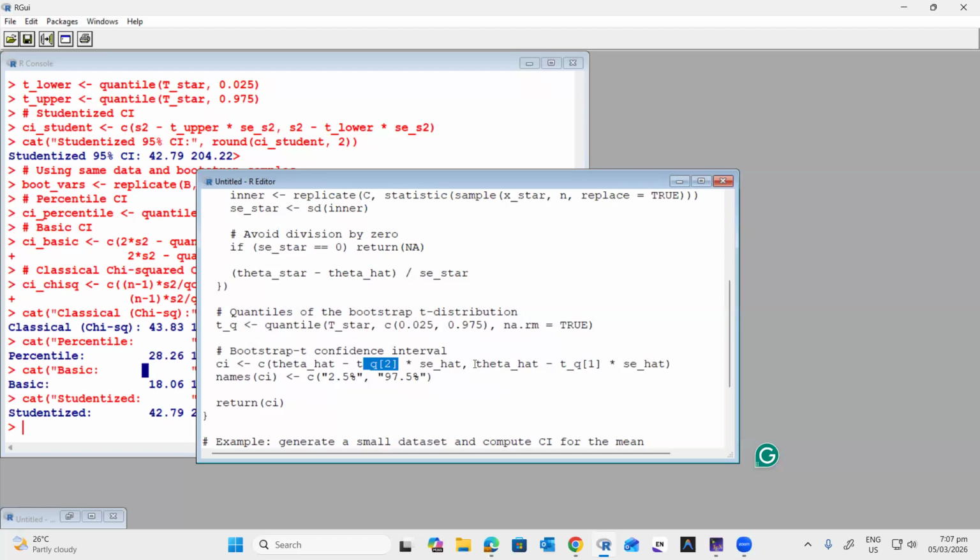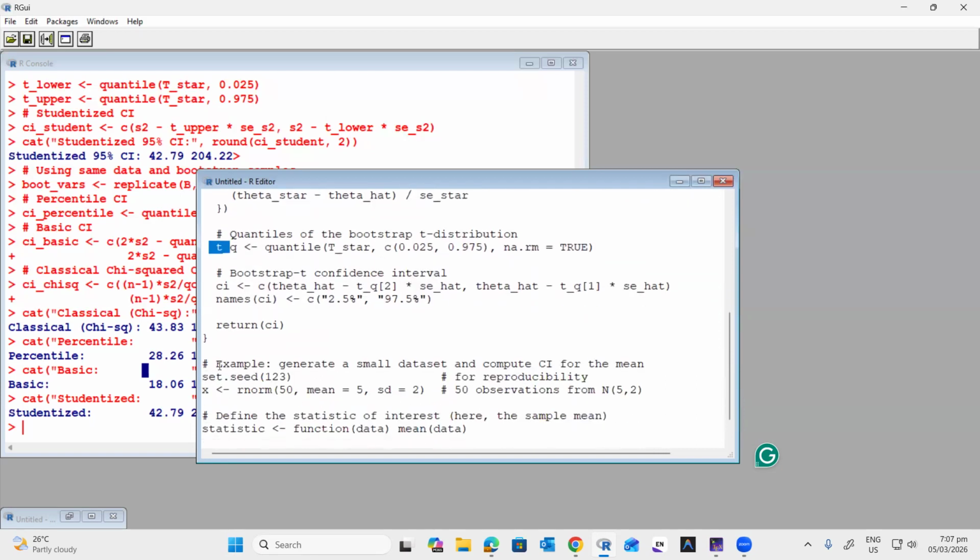And the upper limit of the confidence interval will be theta underscore hat minus t underscore q of the first value into the estimated standard error. Okay, and we are giving the names to the confidence interval, that is 2.5% and 97.5%, and we are going to return the values here.